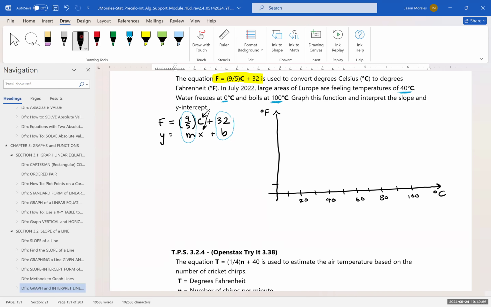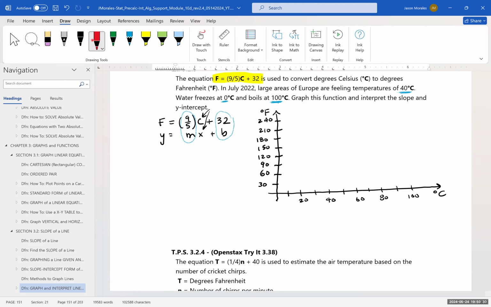So I've got 30, 60, 90, 120, 150, 180, 210, 240. There we go. Okay, not too bad for a sketch.